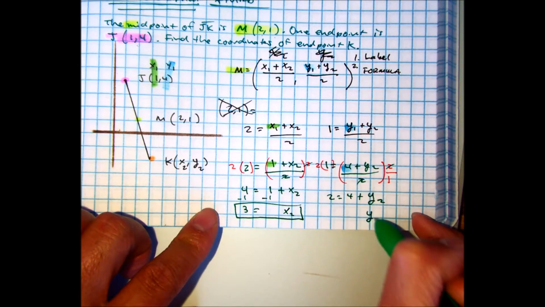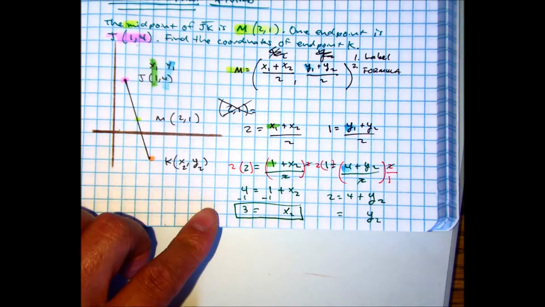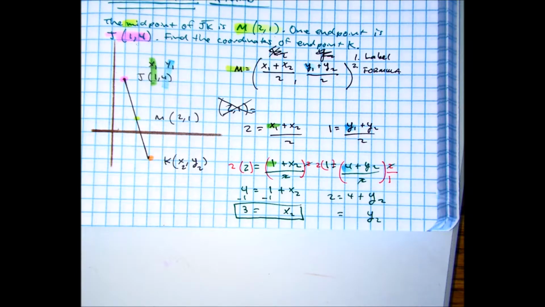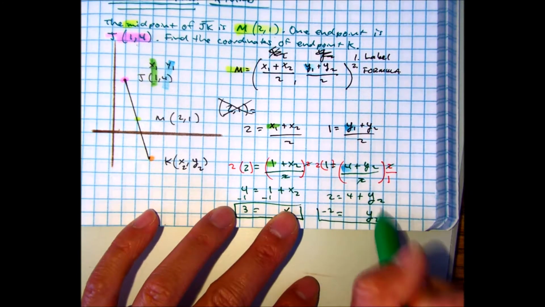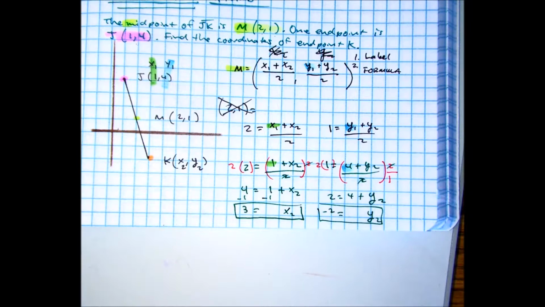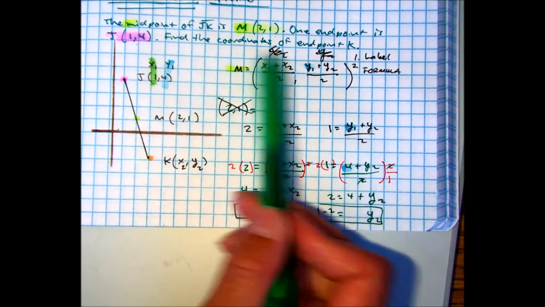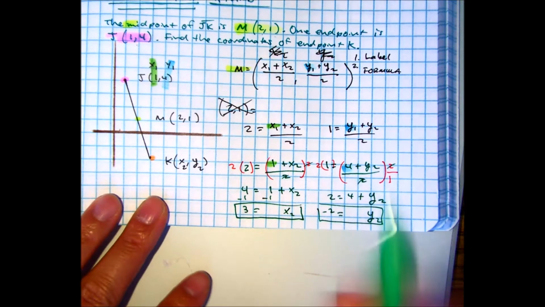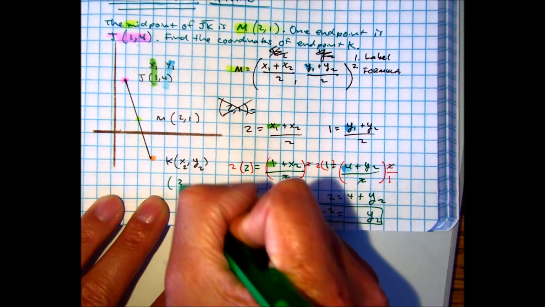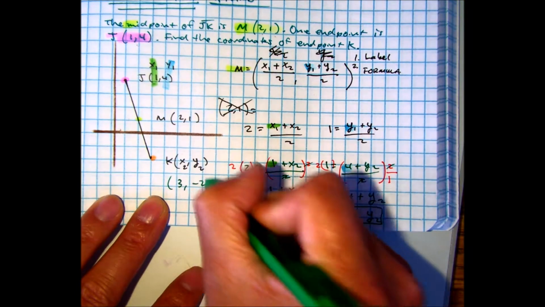Therefore, class, your y2 value is equal to negative 2. So my answer is find the coordinates of the endpoint K. My coordinates for K are (3, negative 2).